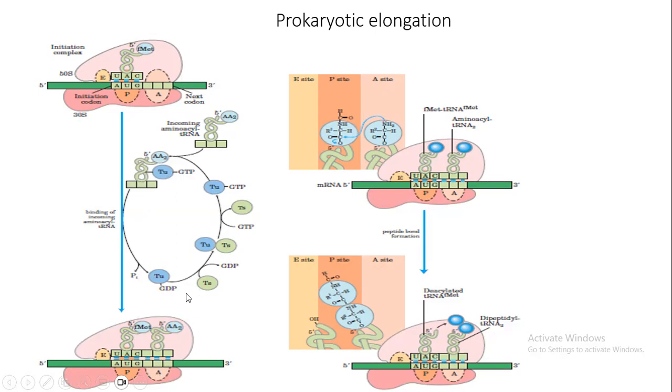Here, the elongation factor TU-GTP complex has to be regenerated, which is done with the help of the second elongation factor, that is elongation factor TS-GTP, that exchanges its GTP with the GDP of elongation factor TU-GDP, which results in regeneration of the elongation factor TU-GTP complex.